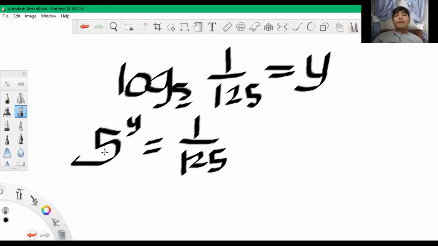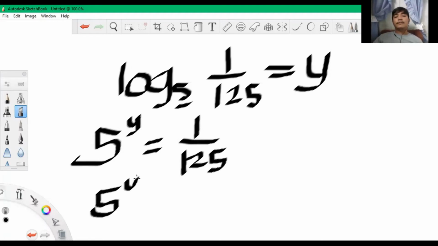So, our goal para ma-solve natin itong exponent again is to have same base sa left and right side. And kung nakikita nyo po sa kabila, we have 5^y, and hindi na natin siya pwede pang i-simplify or pwede pang i-convert.